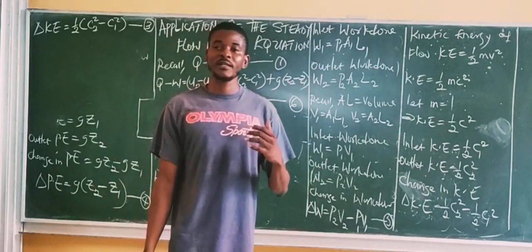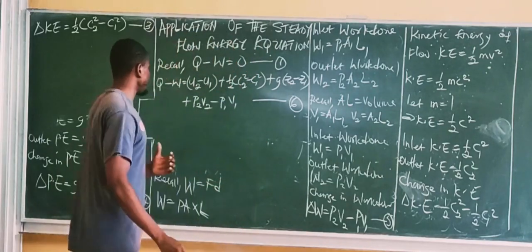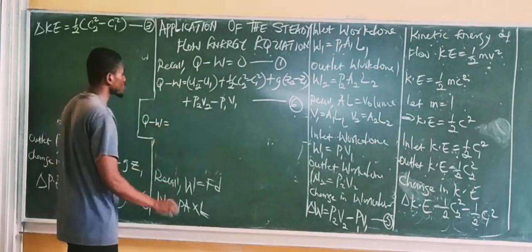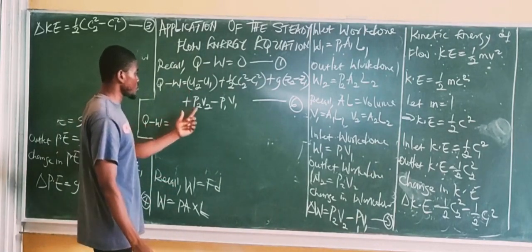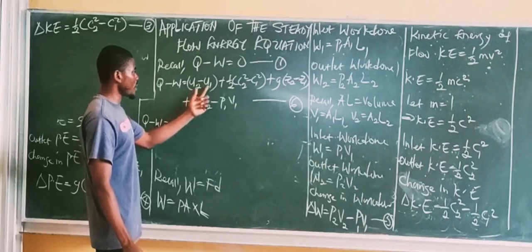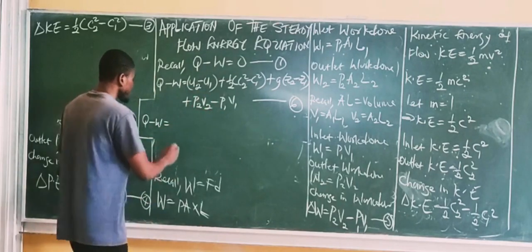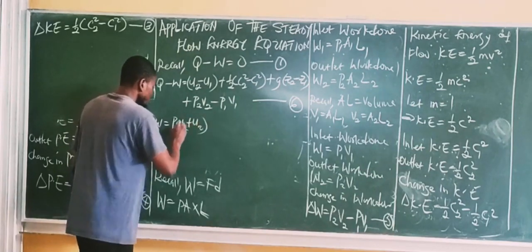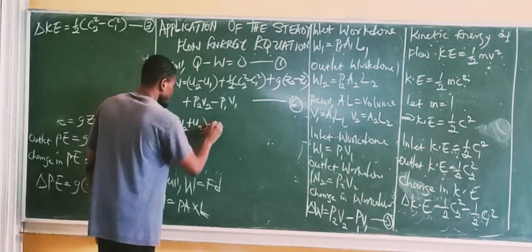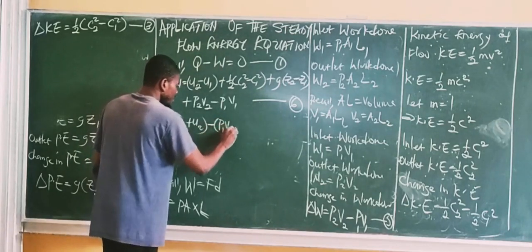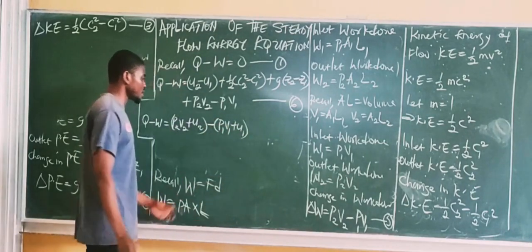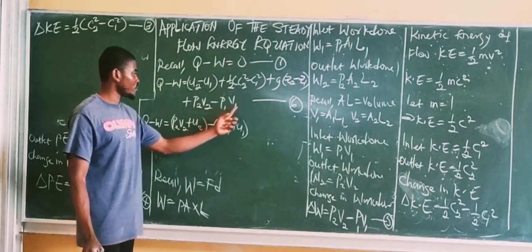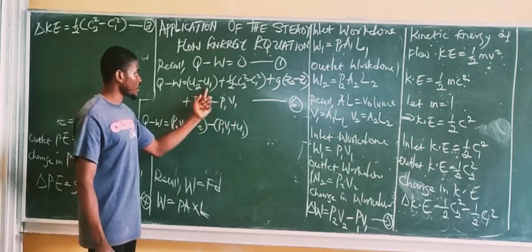But we can also modify that equation. Q minus W is equal to, let's relate P2V2 to U2 and P1V1 to U1. We are going to have (P2V2 plus U2) minus (P1V1 plus U1), such that if you open this bracket with the minus sign, minus times P1V1 gives minus P1V1, and minus times plus U1 gives minus U1.